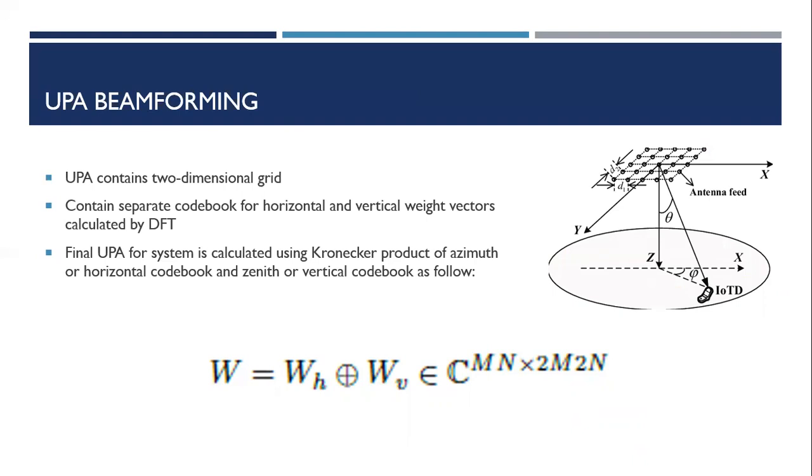The first one would be for the vertical generation of the beam, and the second one would be for the horizontal generation of the beam. And these together can be used to find the entire weight vector of the system by taking the Kronecker product of the azimuth or horizontal codebook with the zenith or vertical codebook. So using the DFT for horizontal and vertical, we can find an entire weight vector system for the entire grid, which on the right can be seen serving a specific IoT device at the angle of theta and phi.